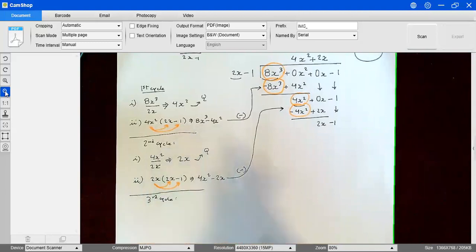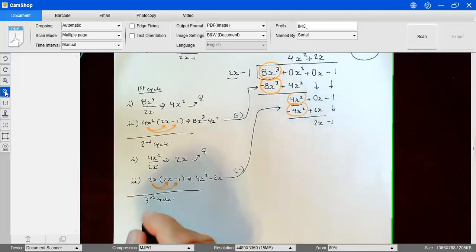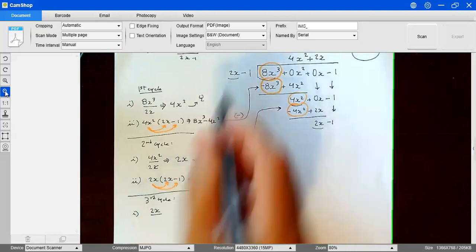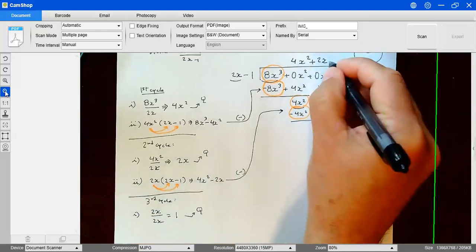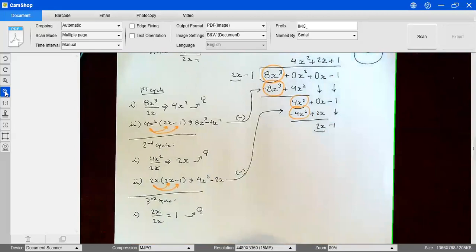So now the leading term is 2x. The leading term of the dividend, 2x, divided by the leading term of the divisor, 2x, is just 1. And this one goes to the quotient. We need to write a sign. The sign is positive. So that's plus 1.